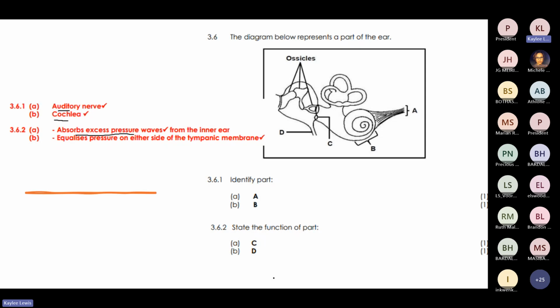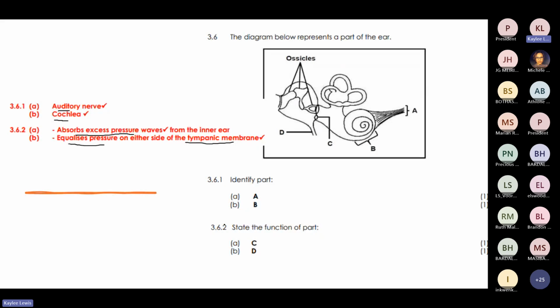And then they said state the function of part D. So part D would be the eustachian tube, and its job is to equalize pressure on both sides of the tympanic membrane. So sometimes when your ears are blocked, the pressure is building up in your middle ear. So you normally try to yawn, to equalize that pressure, because your eustachian tube, like I said, is connected to the back of your throat.